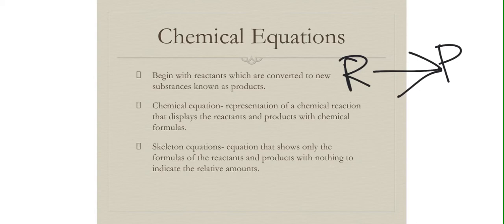But the very first step in writing any chemical reaction is to make sure that you have the correct chemical formulas for all of the reactants and products that you're talking about. Another thing to make sure you do is that all reactants are written to the left of the yield arrow, separated, and then the products are on the right of the yield arrow.